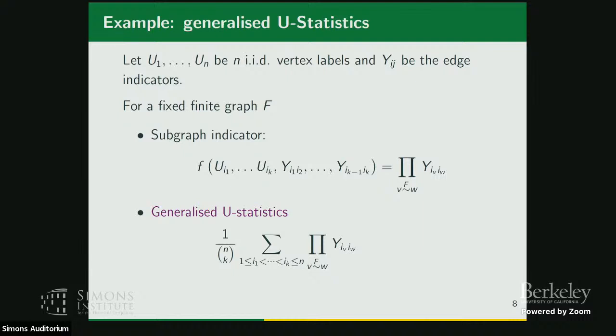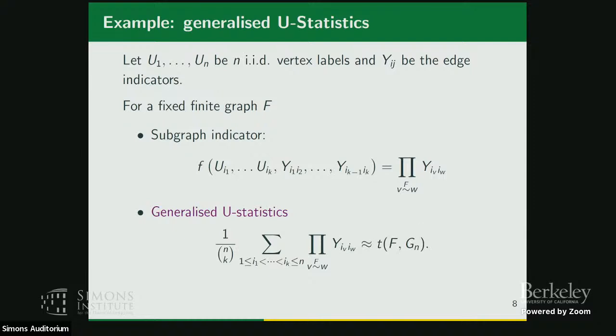This is 1 if you have a copy of F on this set of nodes i1 to ik, and it's 0 otherwise. So the generalized U-statistic, if you define this for this function f, gives you something like a number of copies, but it's a bit different from the way we define the homomorphism subgraph density, though it's more or less the same.